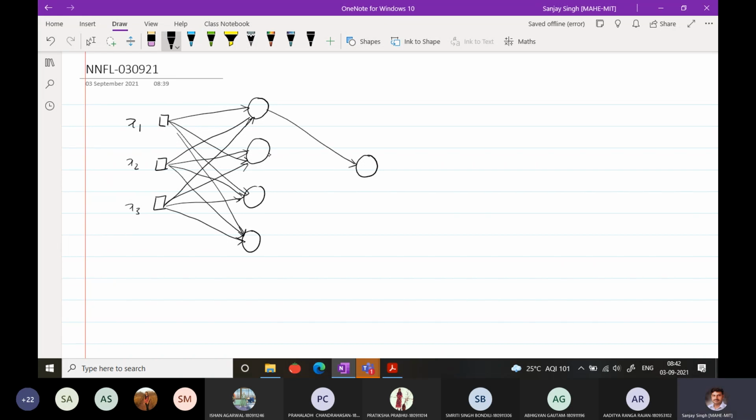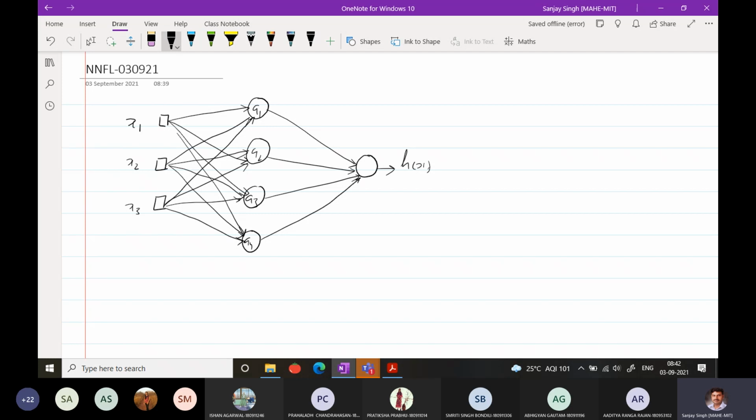I'm saying it's a fully connected network. Let me call the outcomes A1, A2, A3, A4, where A stands for activation output. Let me call the overall function h of x, or y of x.